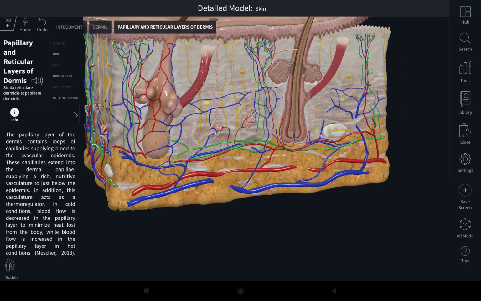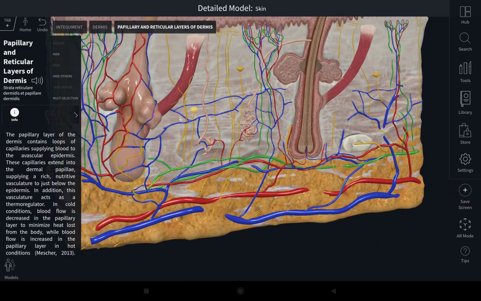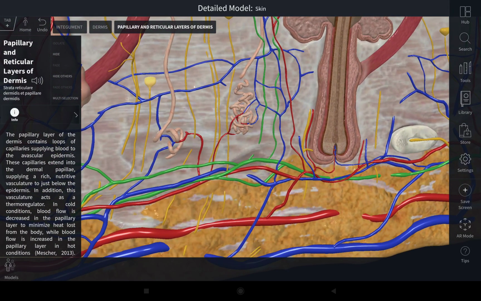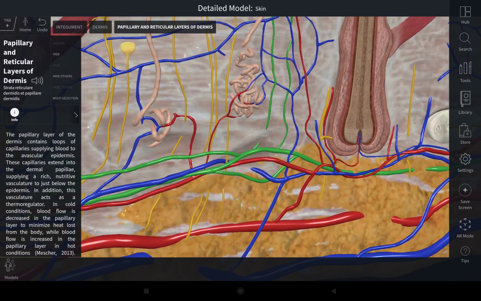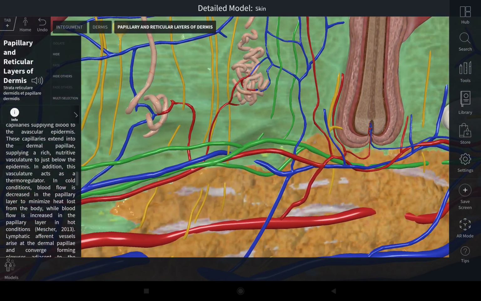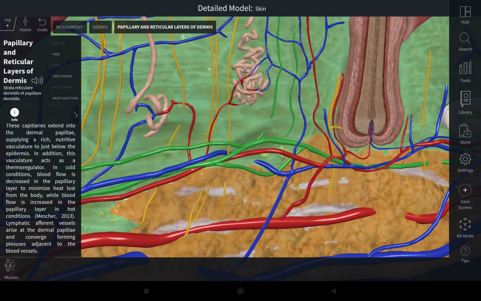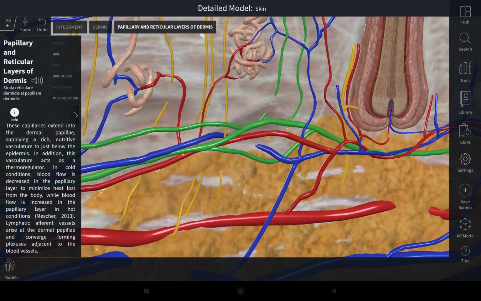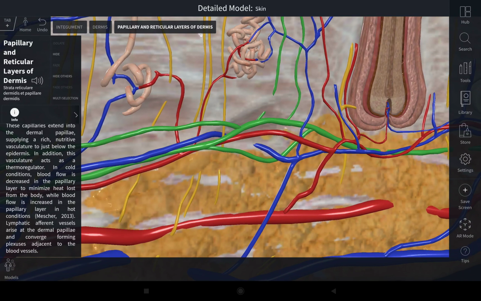In addition, this vasculature acts as a thermoregulator. In cold conditions, blood flow is decreased in the papillary layer to minimize heat loss from the body, while blood flow is increased in the papillary layer in hot conditions.